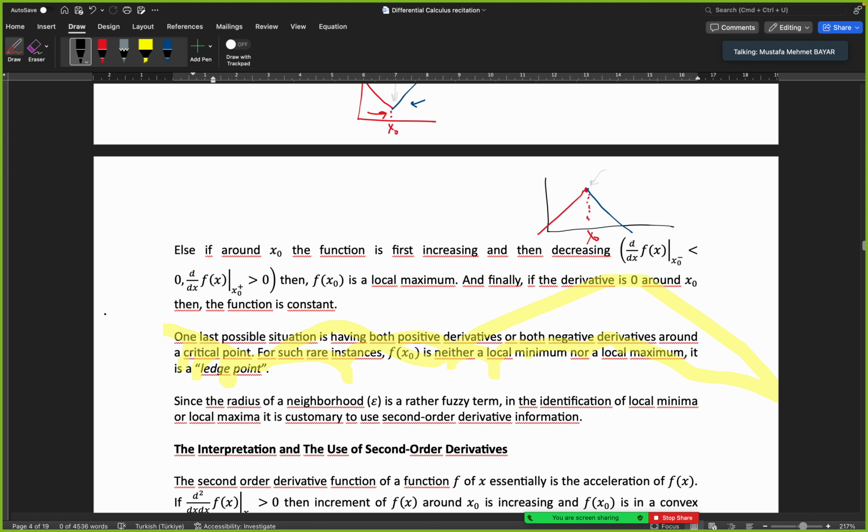And this is a ledge. Let me just draw it. So it is increasing, it is stationary, and it's then increasing again. The reason you call this ledge is you may just put some pots and grow some plants in front of the window. That's why we call this a ledge.